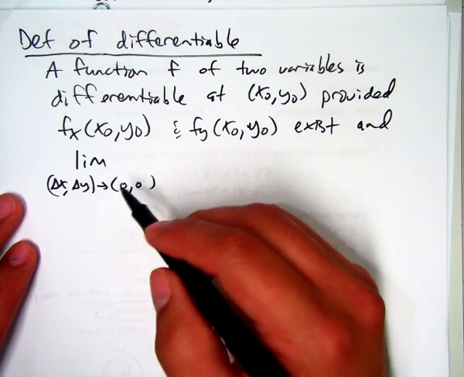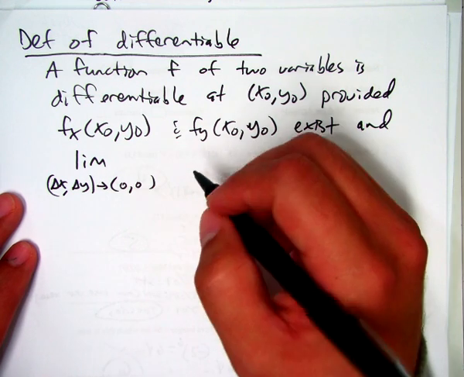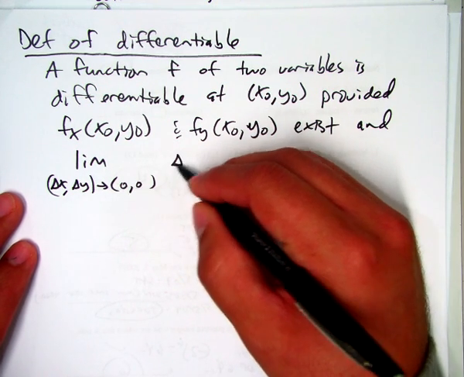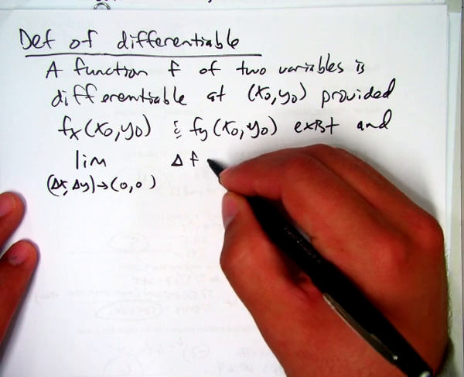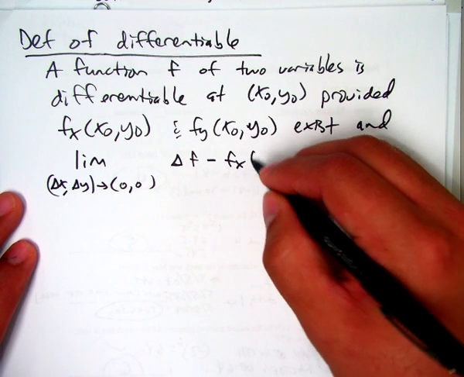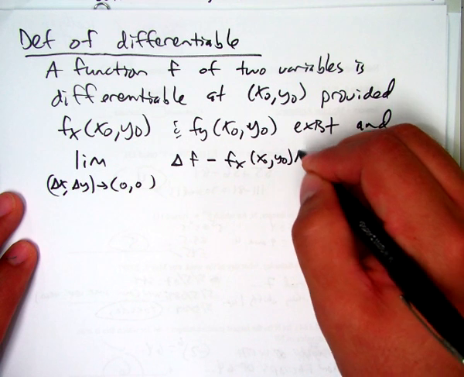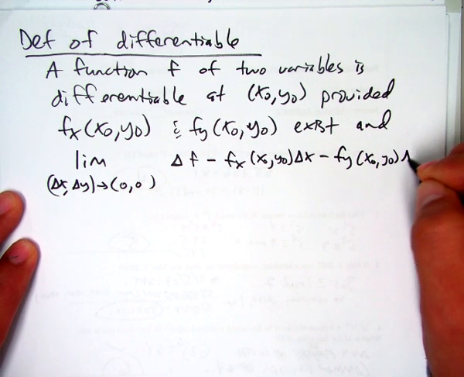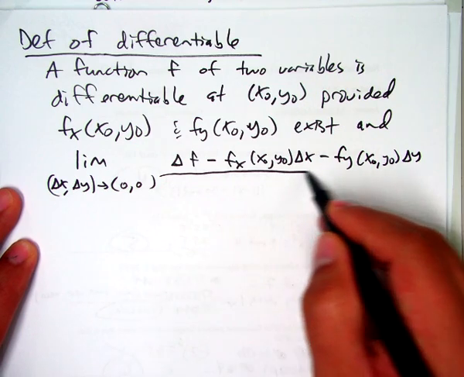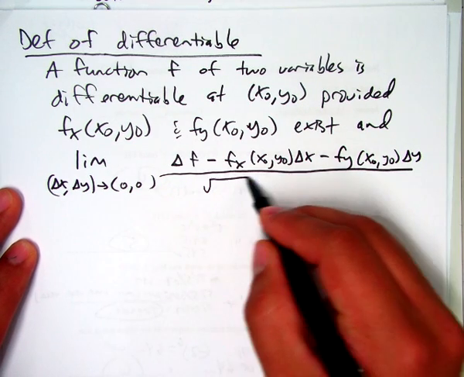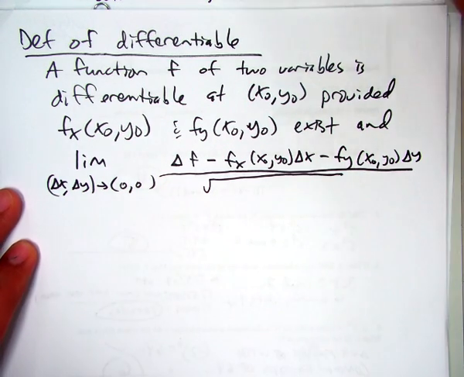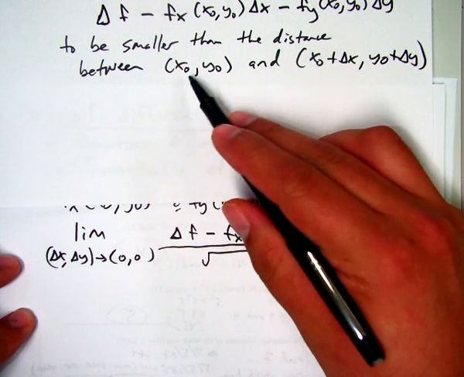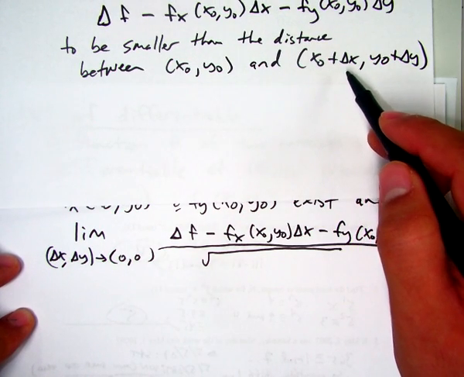Essentially, we're taking the limit of the error. So if we calculate the magnitude in error, we're comparing the error, which is delta f, minus the change in the approximate change, we're comparing that to the distance between the point x naught, y naught, and x naught plus delta x, y naught plus delta y.